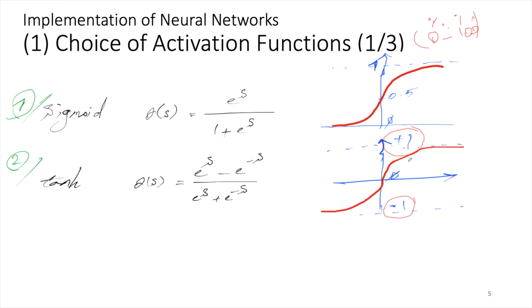So for many years, that was the default activation function people were using. Recently, like 4 or 5 years ago, the other activation function called ReLU or rectifier got very common to use. So it's called the rectifier.